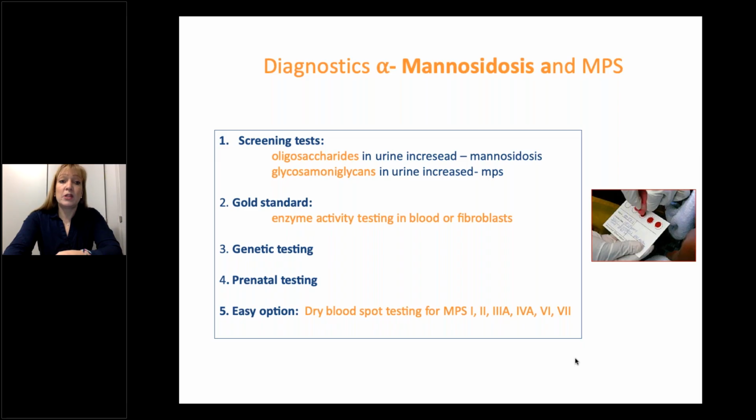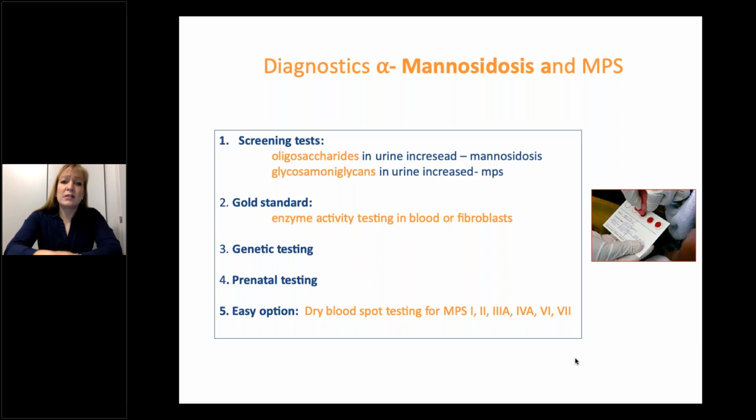So whenever you have a patient with a low enzyme activity for different enzymes, you confirm the diagnosis of mannosidosis or MPS. Genetic testing also confirms the diagnosis and can make a diagnosis, but not all mutations leading to MPS and mannosidosis are described in the literature. So you can have false negative results with genetic testing, because not all mutations are found.